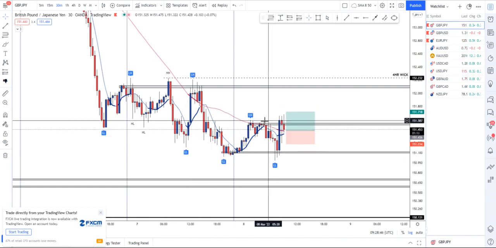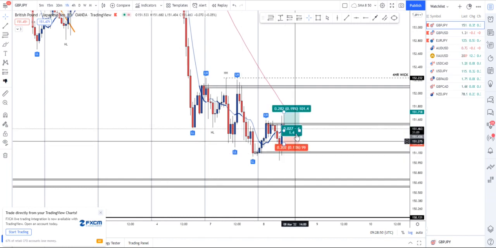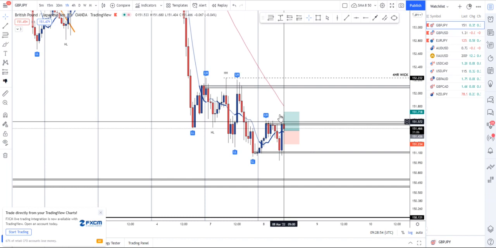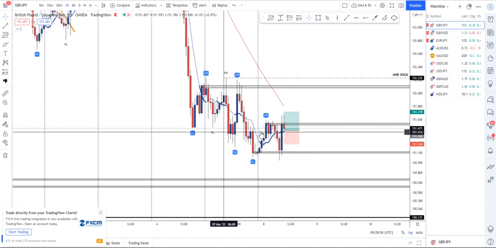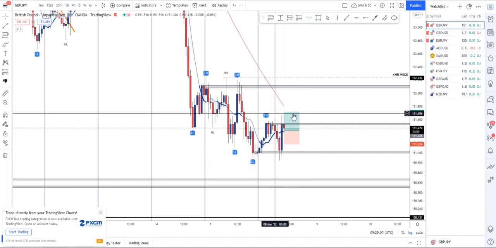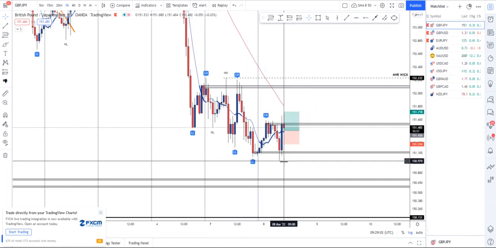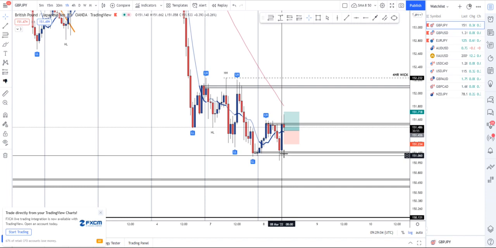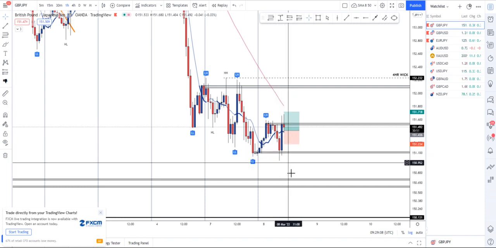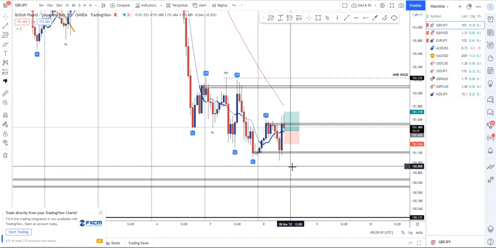Once price starts breaking these levels, I just have a clean up. Once price breaks and closes above this and creates a new resistance area, I'll delete this level and put another one in, if you know what I mean. Same applies if this level breaks: I'll delete this level and put a new one in.